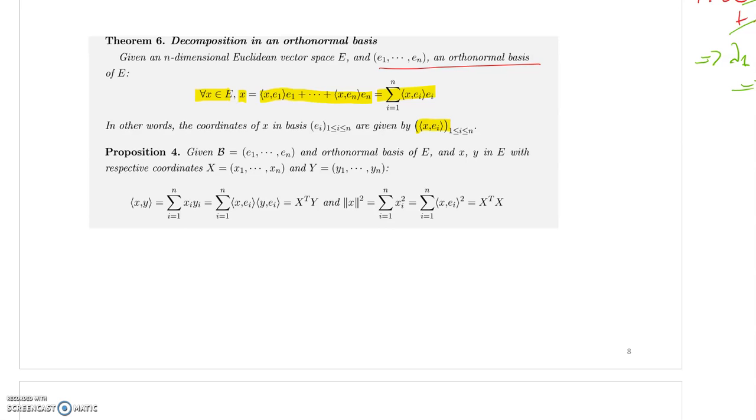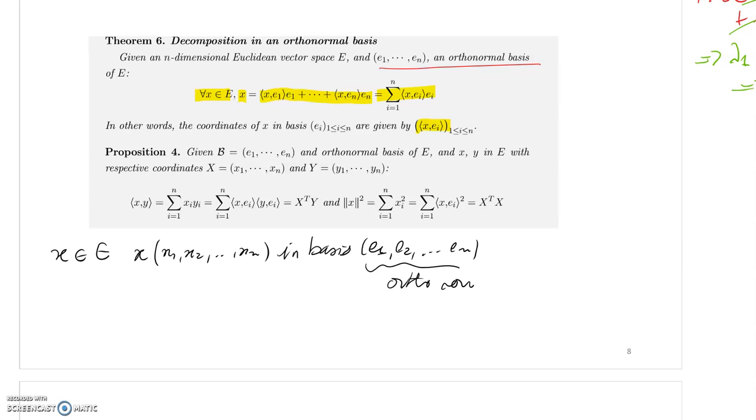Actually, what I want to prove, okay, so x belongs to E, which has dimension n. It means that x can be written as x1, x2, xn in a basis. That would be the coordinates of x in the orthonormal basis e1, e2, en.